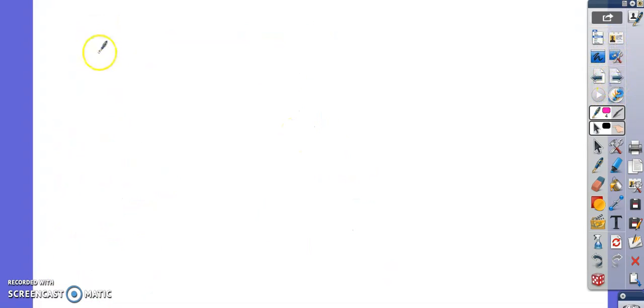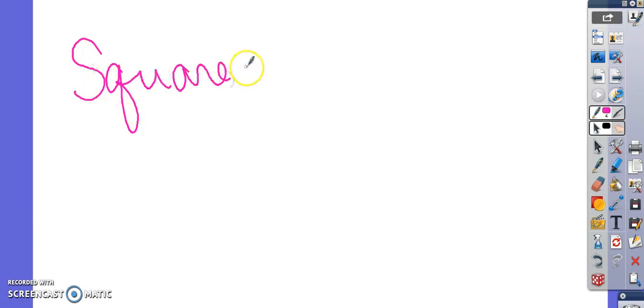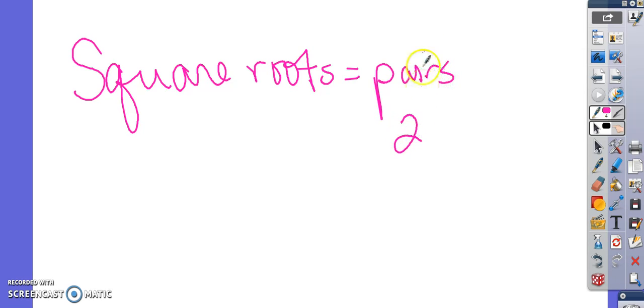Remember, when you're looking for square roots, you are looking for pairs or two of the same.